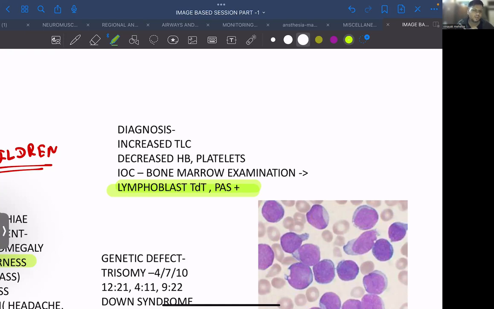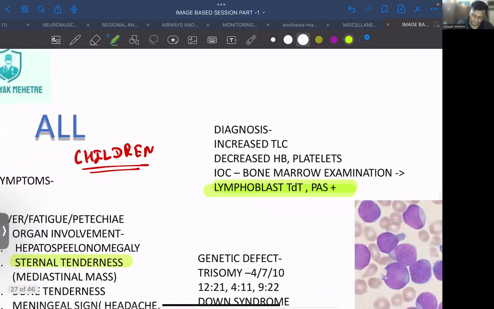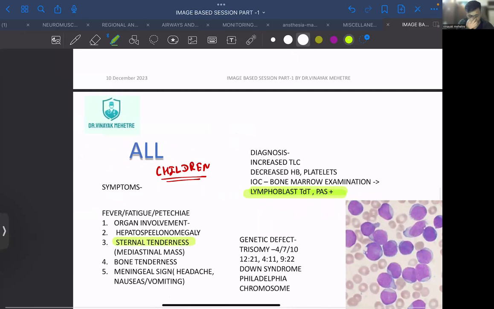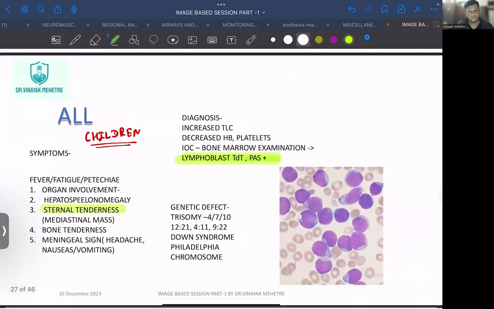We will see it in ALL, which is not present in costochondritis, right? Features of bone will be there or joints, right? Right? Good question, but answer change रहेंगे ना उसमें, totally different disease है ना, different topic है. ठीक है। इसमें क्या होगा, lymphoblast and PAS positivity will be seen.